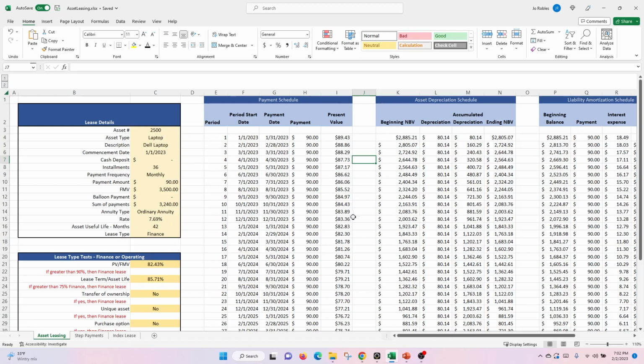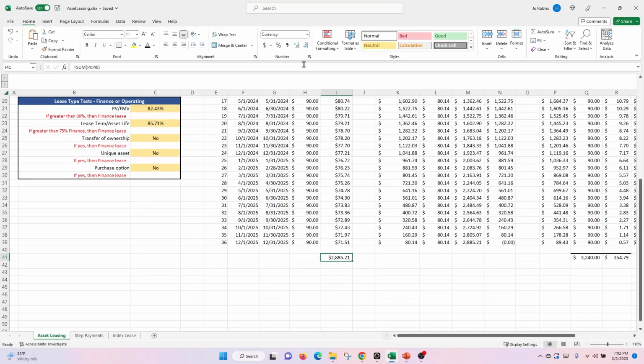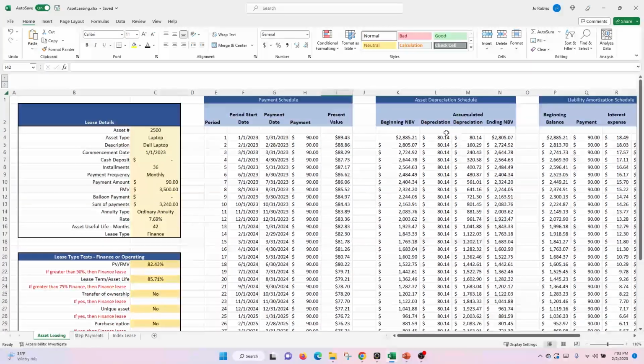Once you have that set up, you can sum these, and that will be the net present value for all of the payments. Take a look at that amount, because that is what we're going to use for the beginning NBV, or net book value, in the asset depreciation schedule.